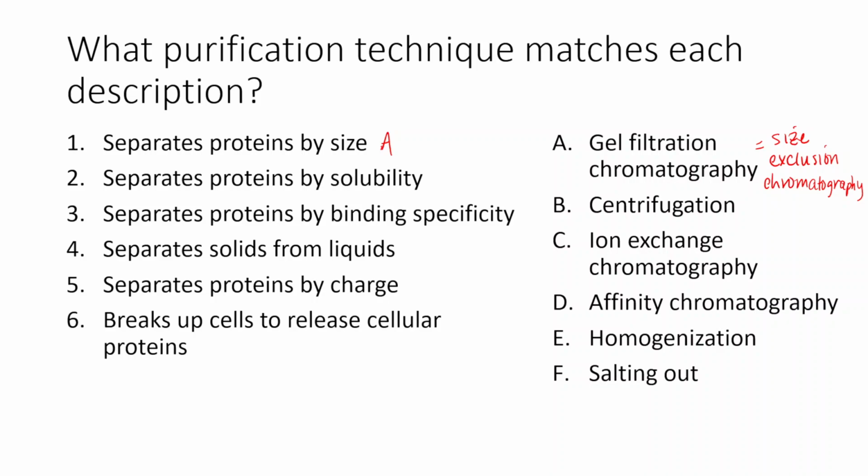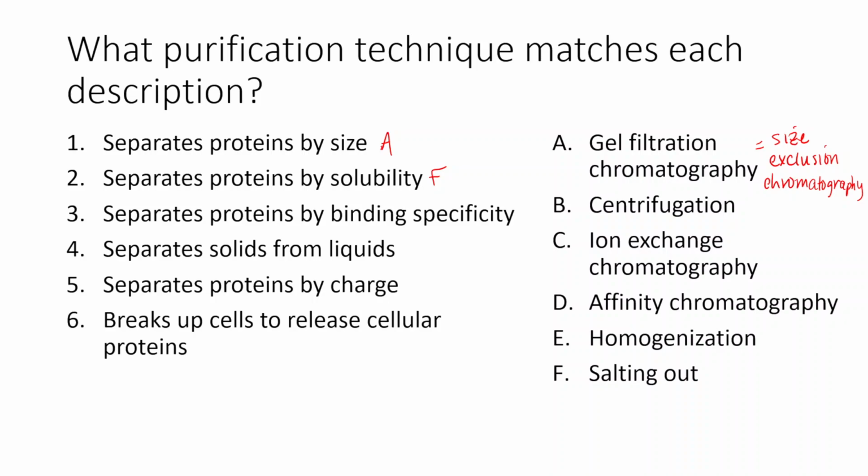Yeah, salting out. Great. So we can use salting out. That's a really common technique for first removing proteins that are more soluble than your protein of interest, and then removing your protein from the proteins that are... I don't even know what I just said.